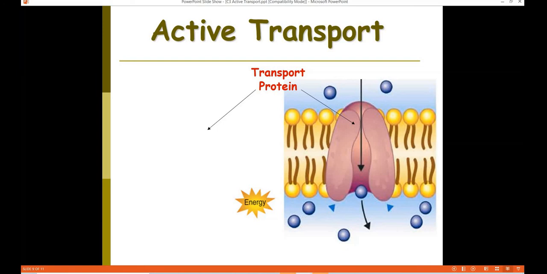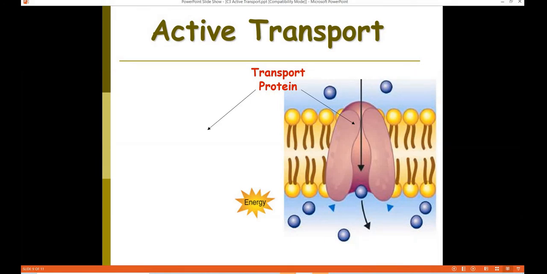Energy is needed to produce the shape change in the transport protein. You can think of active transport as a process in which chemical energy released from glucose by respiration is converted into kinetic energy of molecules and ions.